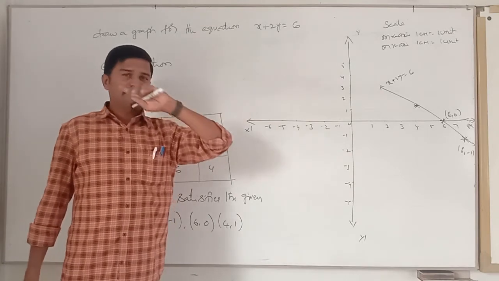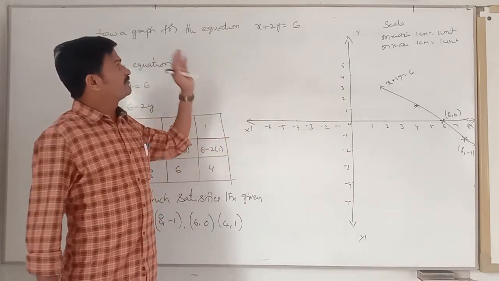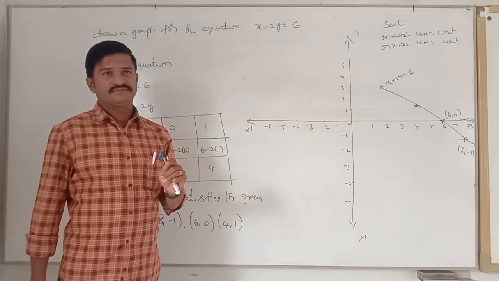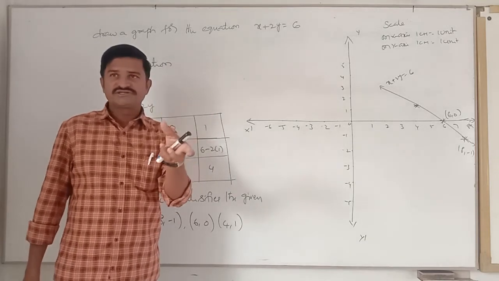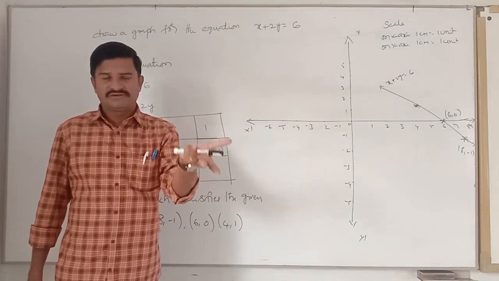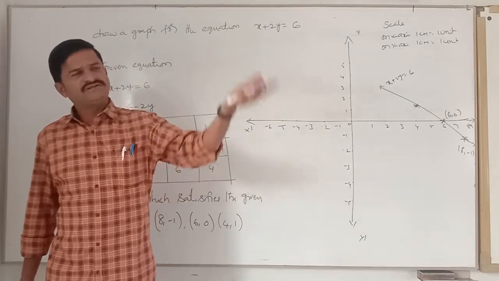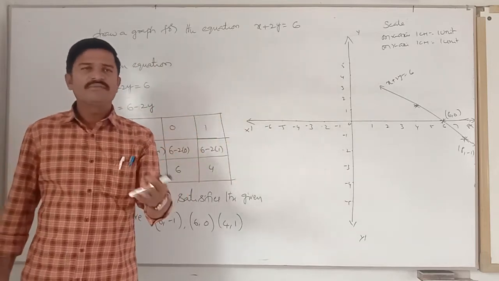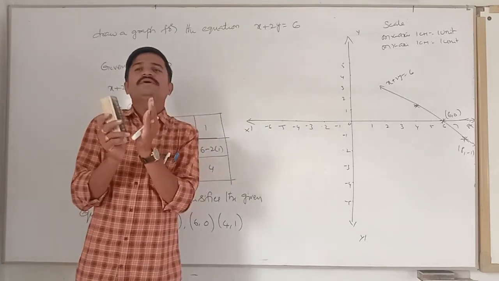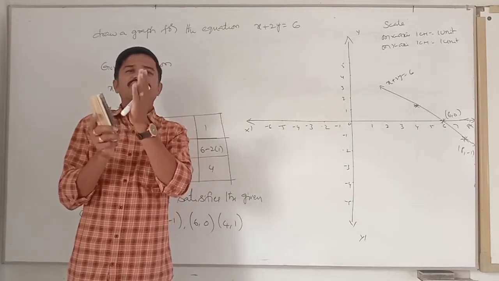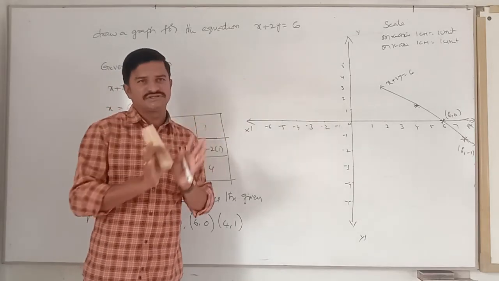And sometimes he will give you some word problems. For that situation, we have to prepare a linear equation and again follow the same process to draw the graph. But here the thing is how to prepare a linear equation in 2 variables for the given situation.